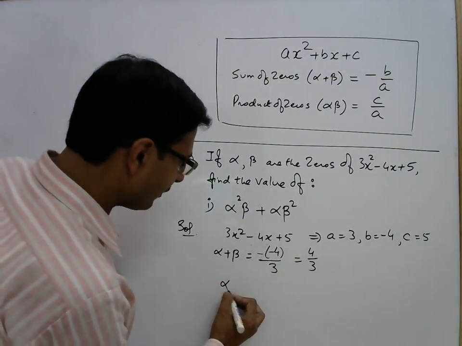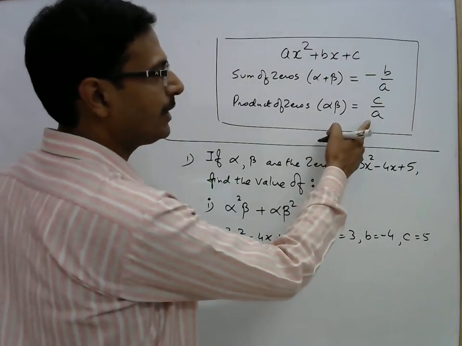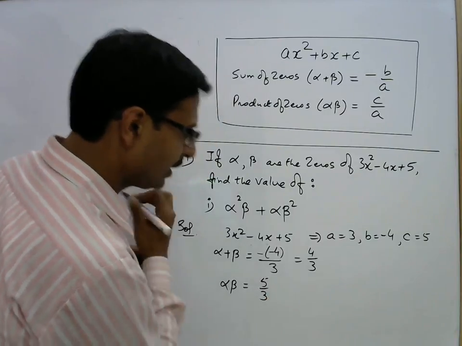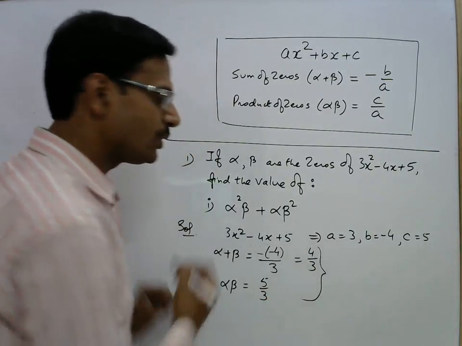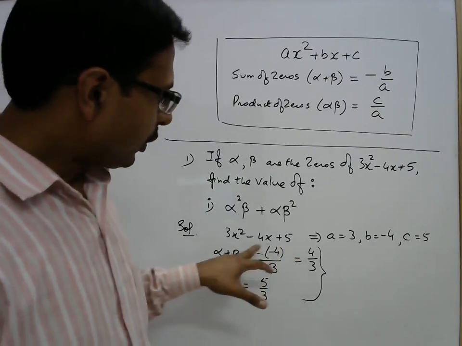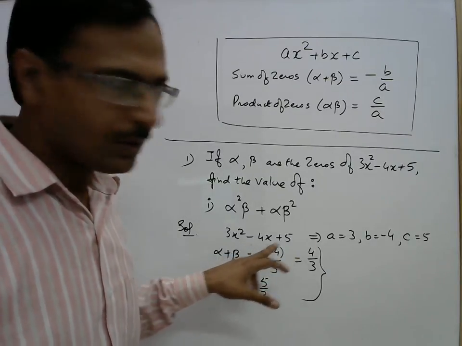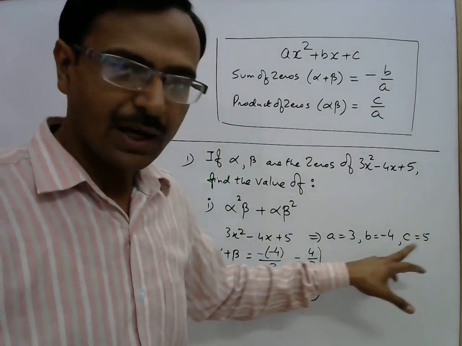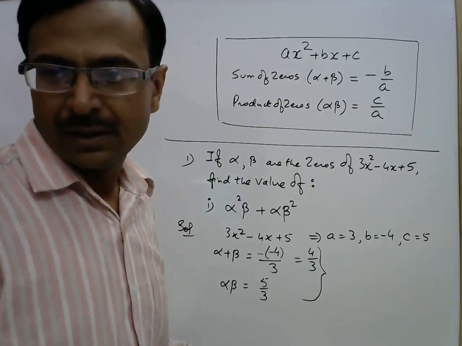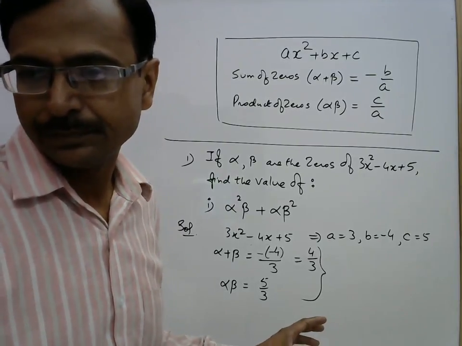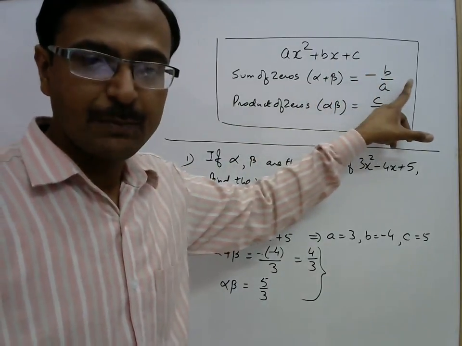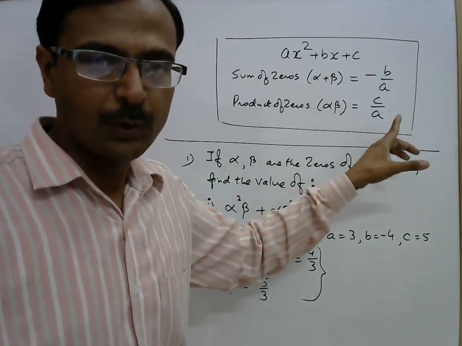And similarly, alpha beta. What is the formula for alpha beta? C upon a. C is 5, a is 3. So 5 upon 3. Now these are the two values you require to find in all such questions. Whatever polynomial is given, the coefficients are to be labeled as a, b and c, and then use the concept which I have written here: alpha plus beta is minus b upon a and alpha beta is c upon a.